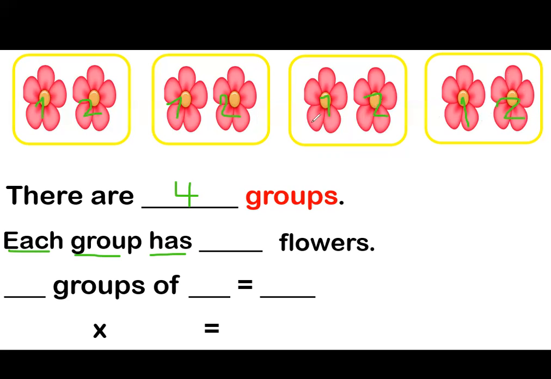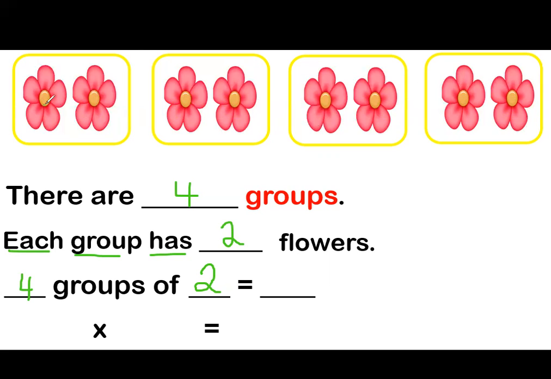Very good. Each group has 2 flowers. Again, how many groups? 4 groups of how many flowers? 4 groups of 2 flowers. Now, how many flowers are there altogether?